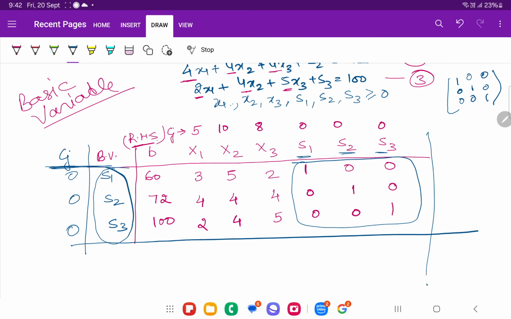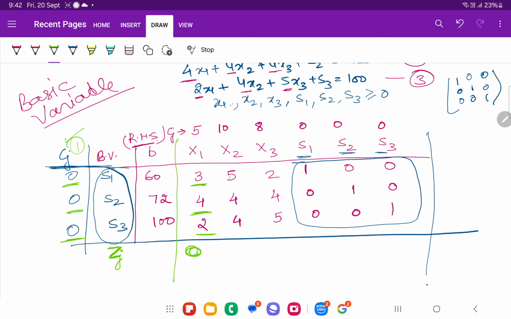Fine. Now the next thing which we will be doing is we will be calculating Zj. Now what do you mean by Zj? Zj is going to be, you will be multiplying this column by every column and adding it. For example, 0 into 3 plus 0 into 4 plus 0 into 2, that is 0.